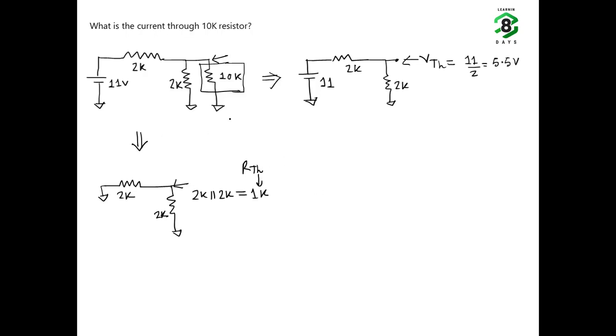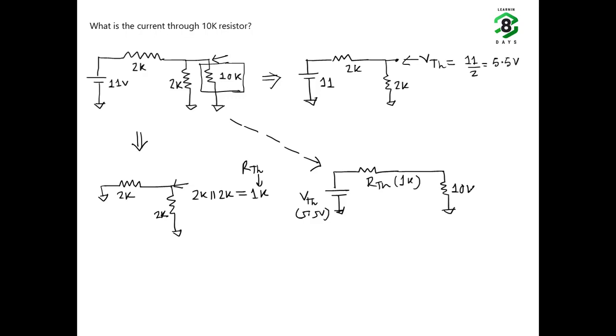So the network can be redrawn as V Thevenin, that is 5.5 volt, R Thevenin, that is 1 kilo ohm, and our original 10 kilo.